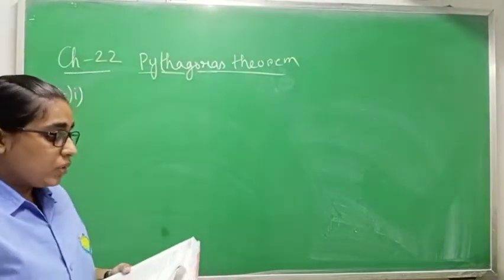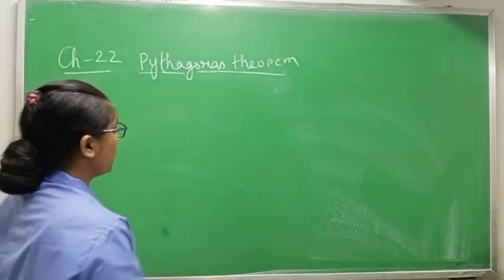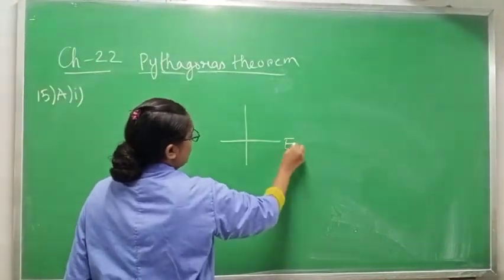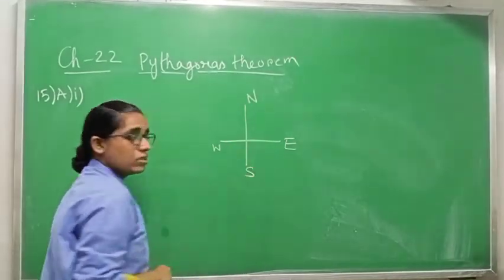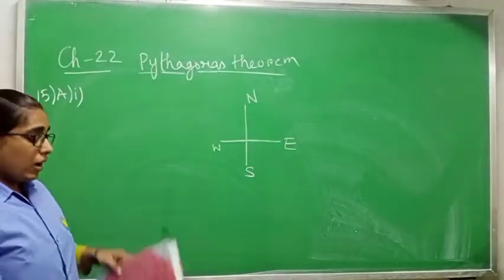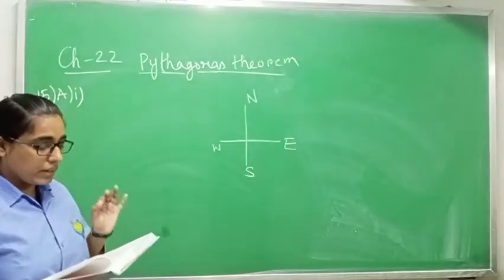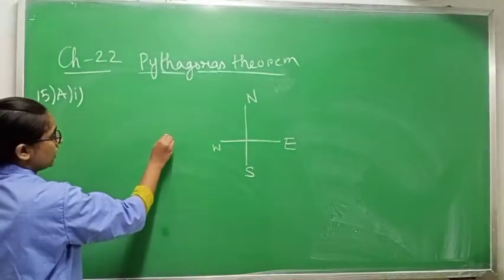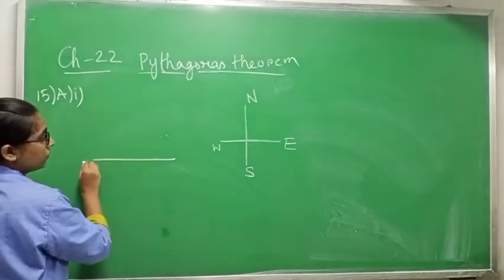Okay, a person goes 24-meter west from a place. First you have to know the direction, that this one is your east, this one is your west, this one is north and this one is south. Now suppose that person is here, he is going west.